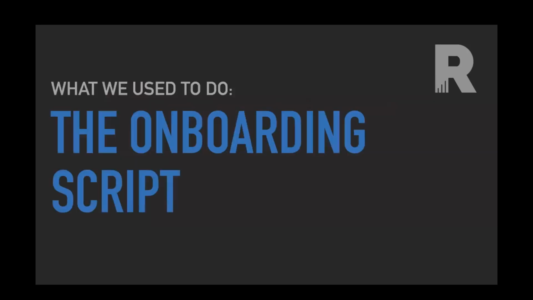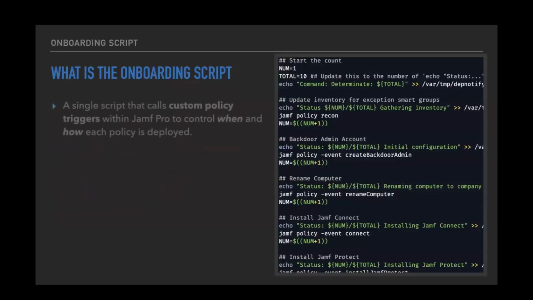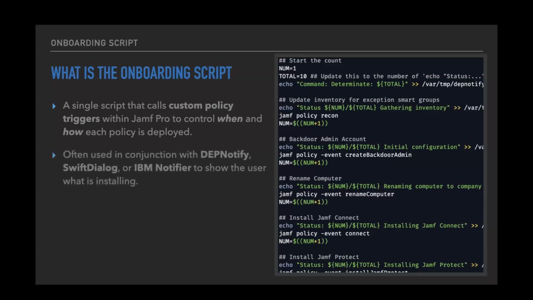So what we used to do was called the onboarding script. That was one script that called a bunch of custom policy triggers within Jamf Pro to control when and how each policy is deployed. On the right is an example of what that looks like. You can see it going through and calling jamf policy -event for each of these different policies, so we can control exactly when and how these are deployed.